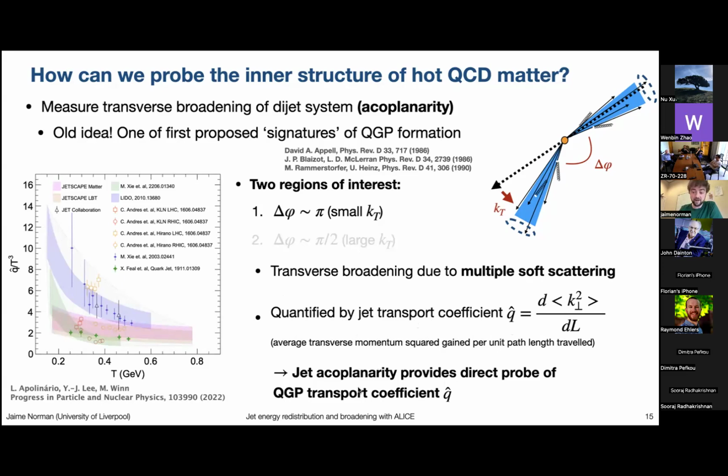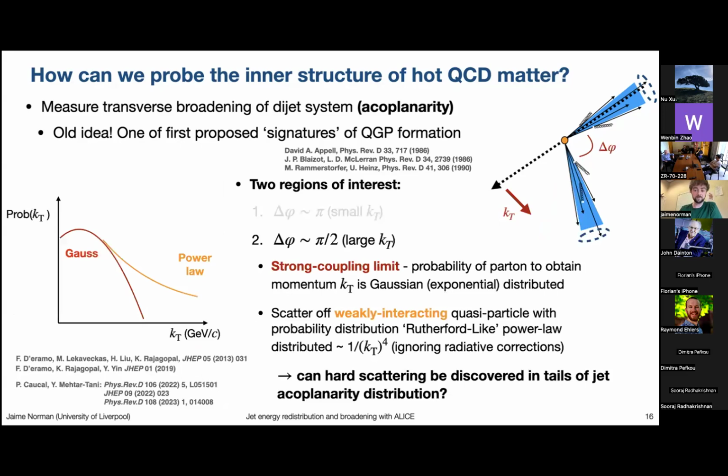So jet acoplanarity provides a direct probe of Q hat. At the moment, if we look at the value of Q hat as a function of temperature, it's not very well constrained. And this measurement can give us real insight into Q hat.